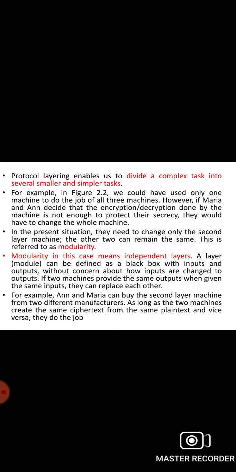A layer can be defined as a black box with inputs and outputs, without concern about how inputs are changed to outputs. If two machines provide the same outputs when given the same inputs, they can replace each other. For example, Anne and Maria can buy the second layer machine from two different manufacturers as long as the two machines create the same ciphertext from the same plain text and vice versa.